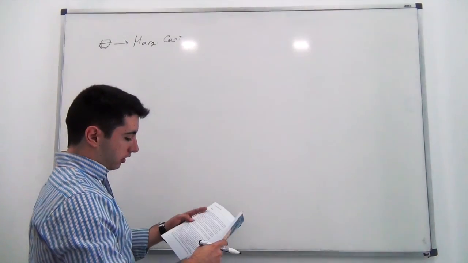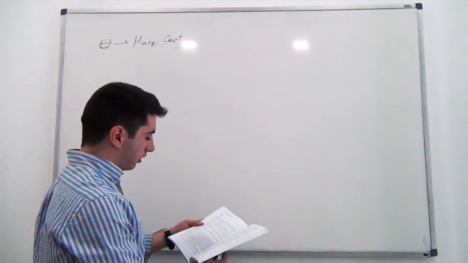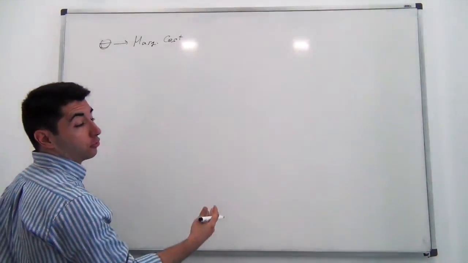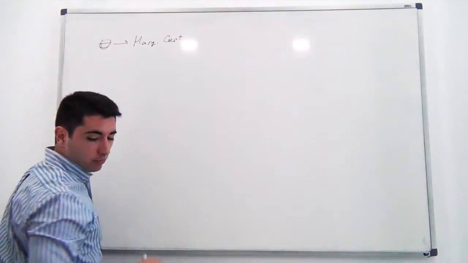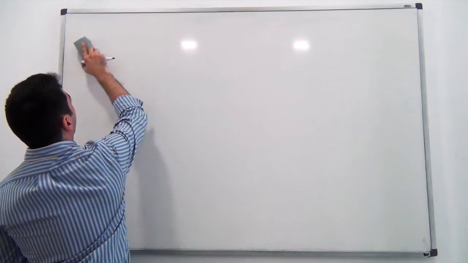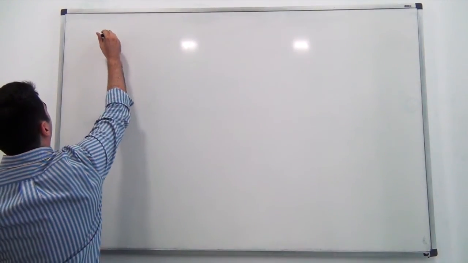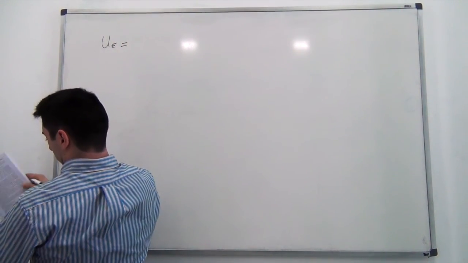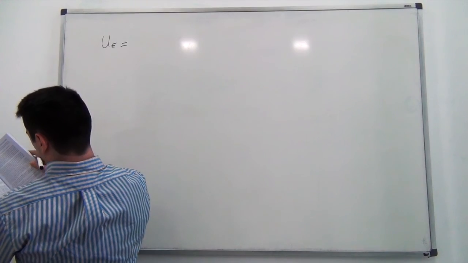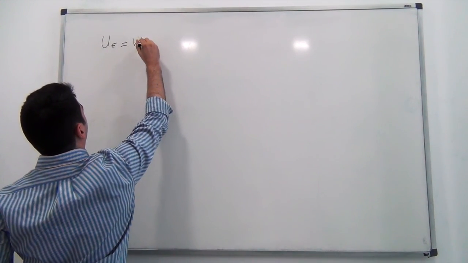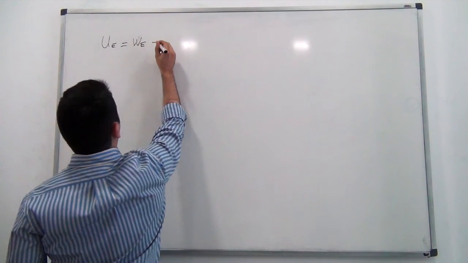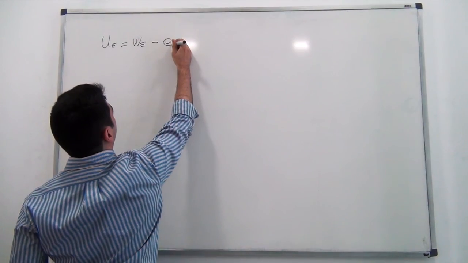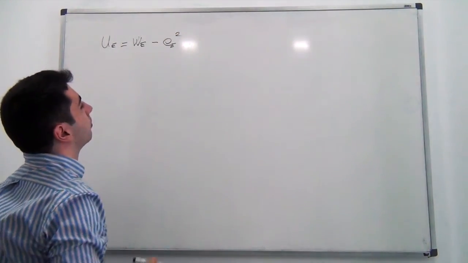So basically, according to exercise number 4, we have two types of agents here with two different utility functions, which are defined as follows. The utility of the efficient is the wage that he receives minus the cost of the effort, which is simply effort to the second power.